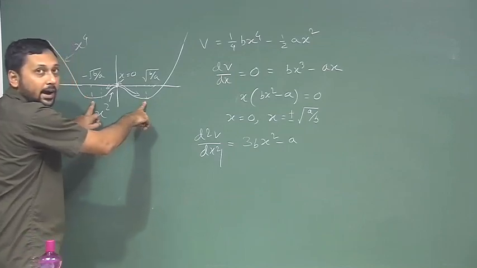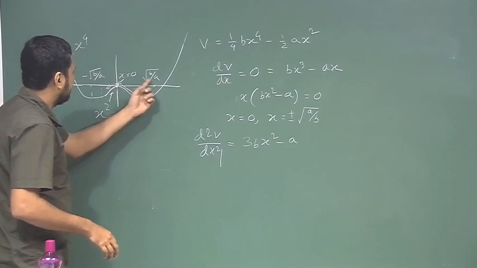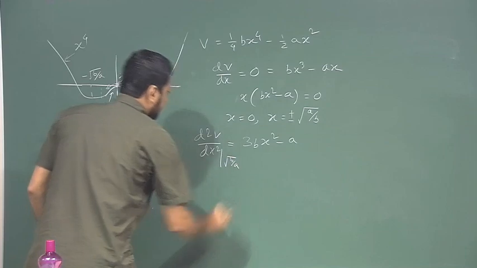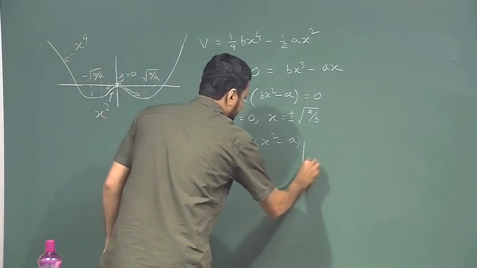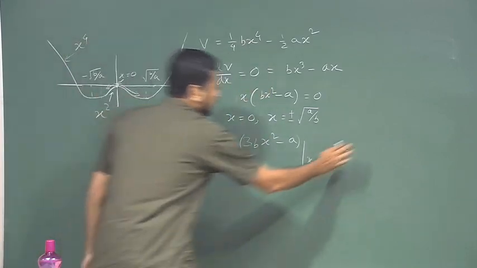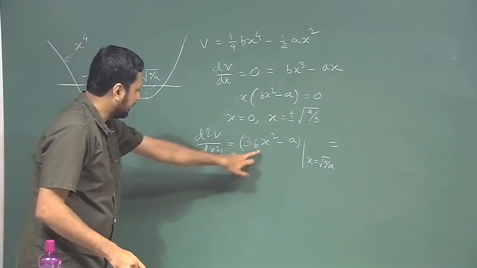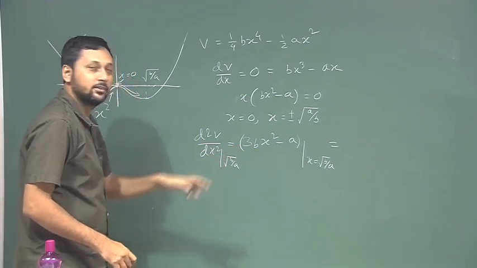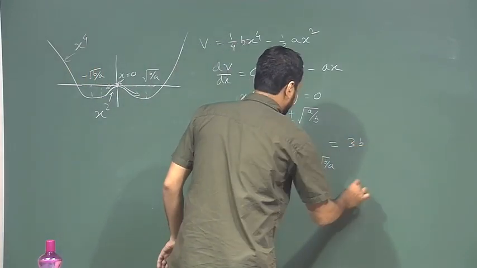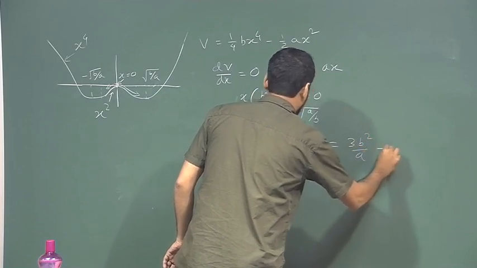As these two will give identical frequencies, we will just calculate at this position, x equal to root a by b. It does not matter, since it is an x squared term, plus or minus root, it will give you the same number. So, this will be 3 b square by a minus a, is it right?